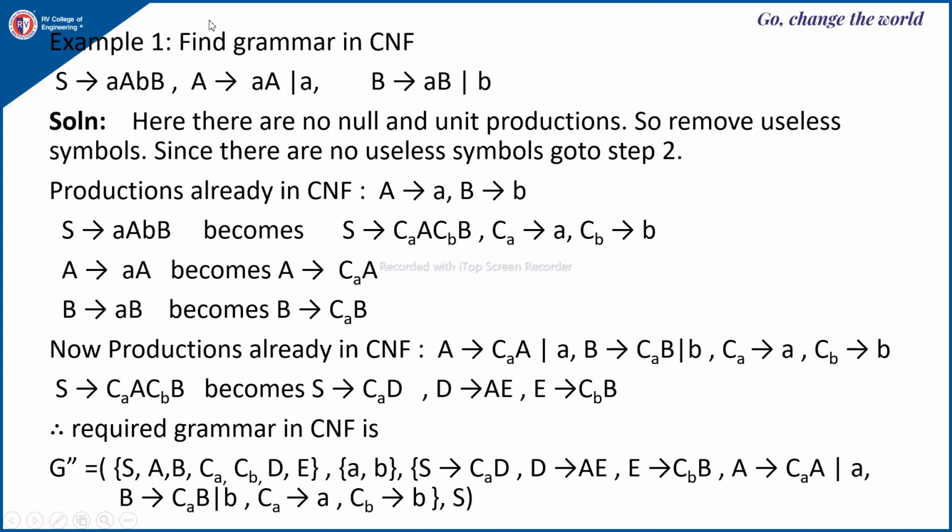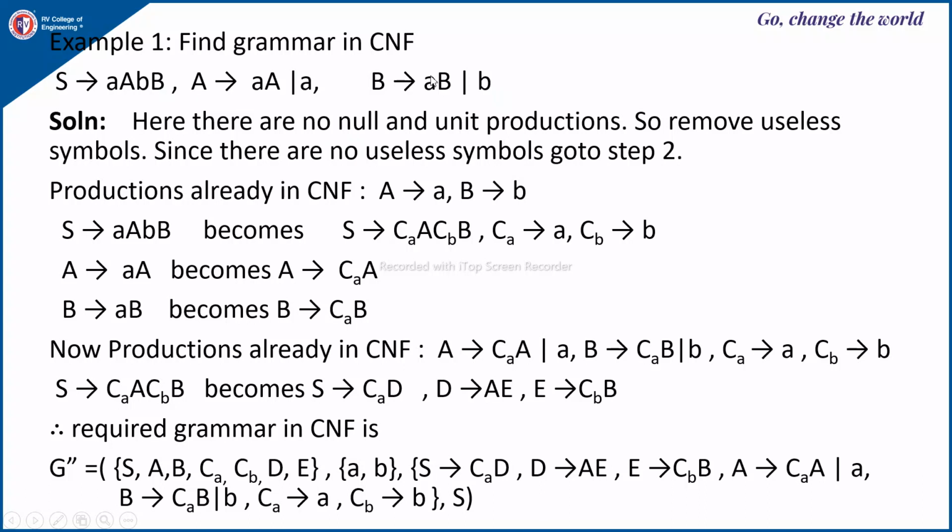So first example: find the grammar in CNF. S derives aAbB, A derives AA or A derives a, B derives AB or b. Now here you have to first simplify the grammar. There are no null and no unit productions.